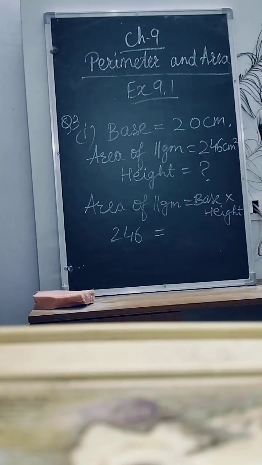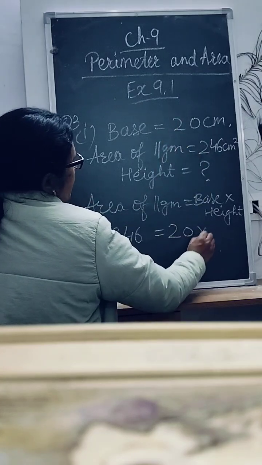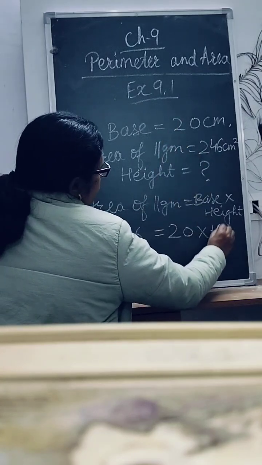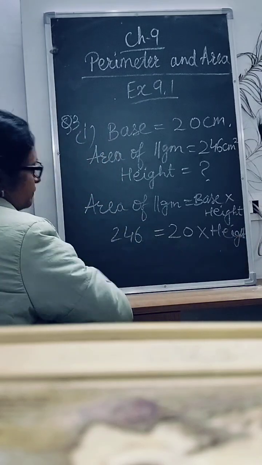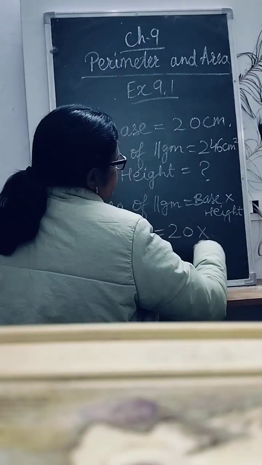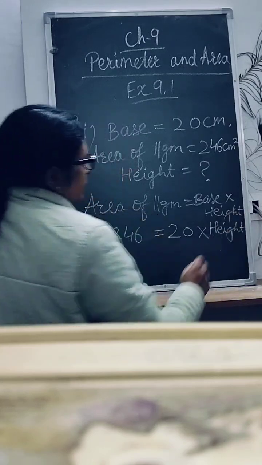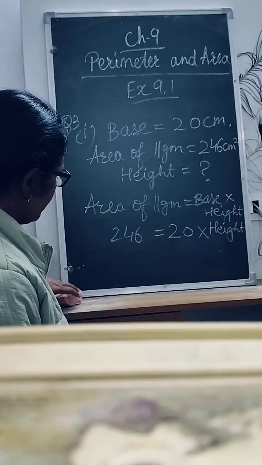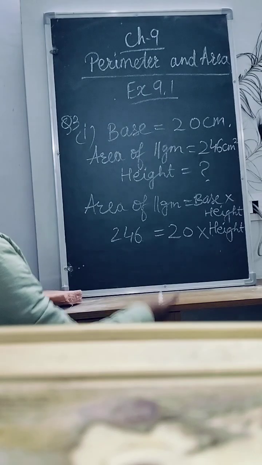On one side we have written 246 and on the other side we have written base and height. Height we want to find. Now as I have used to tell you, whatever you want to find, keep it alone.